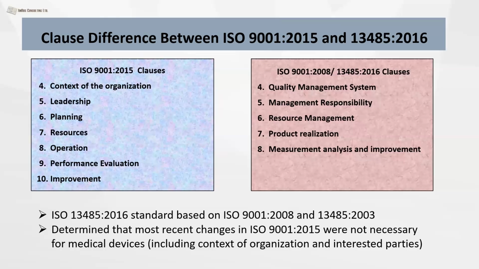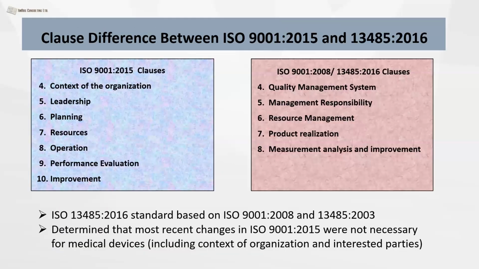And measurement, analysis, and improvement, that's when you look at your final product and then you analyze what are some of the deficiencies and then make decisions on making improvements. So that kind of combines clauses 9 and 10 in the ISO 9001 structure. So basically, a similar approach with some minor differences.